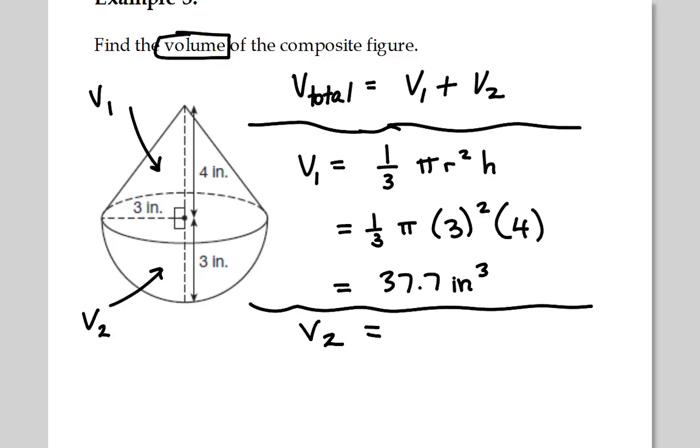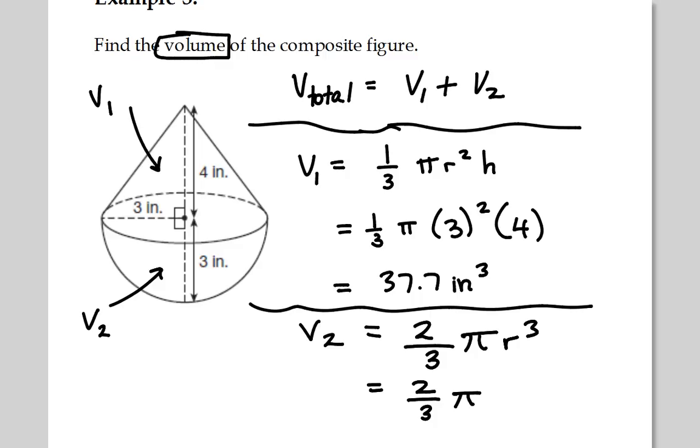Now V2 is which shape? Hemisphere, which can be found directly on your pink sheet. Two-thirds pi r cubed, way at the bottom. The radius.